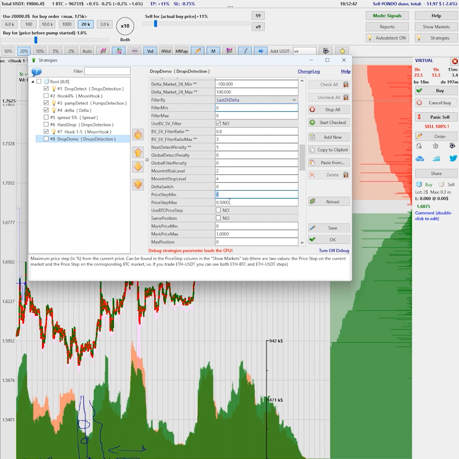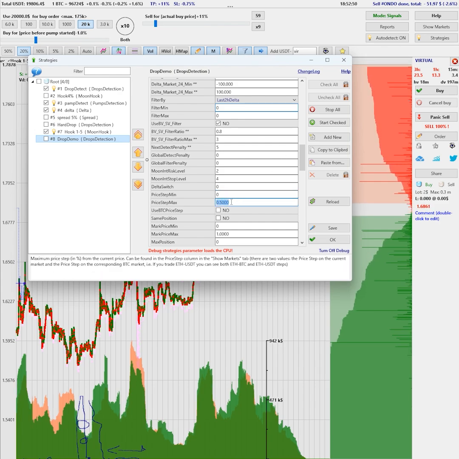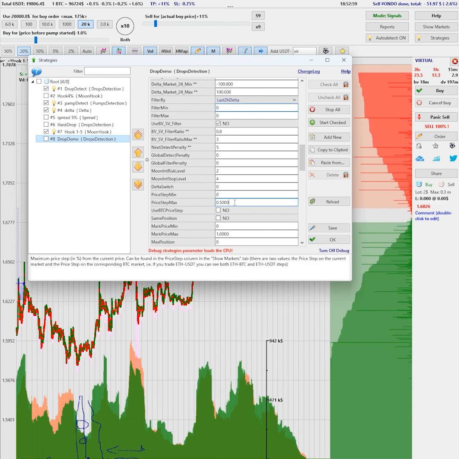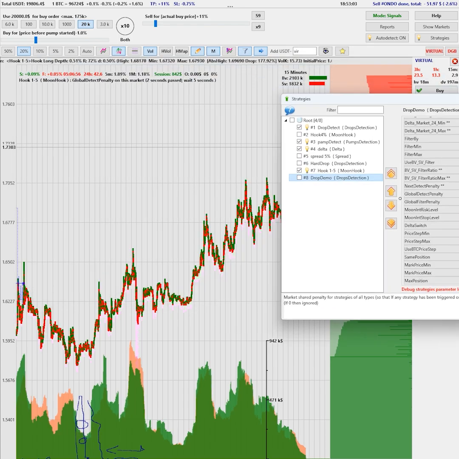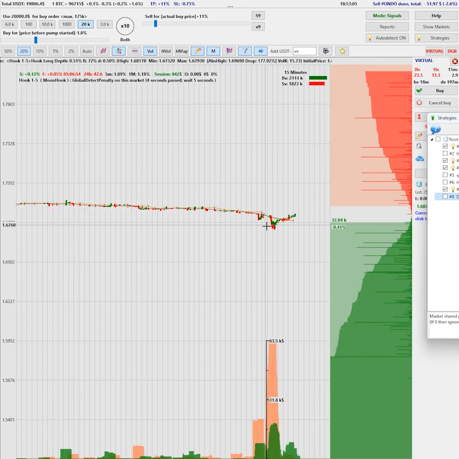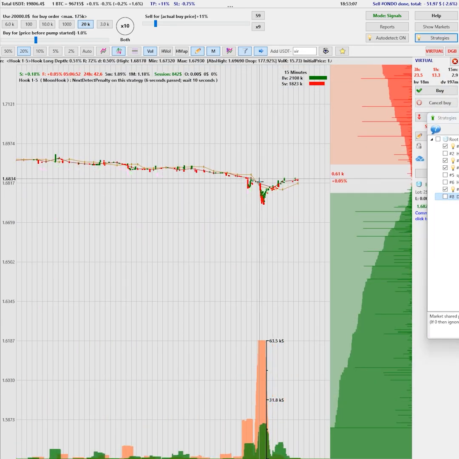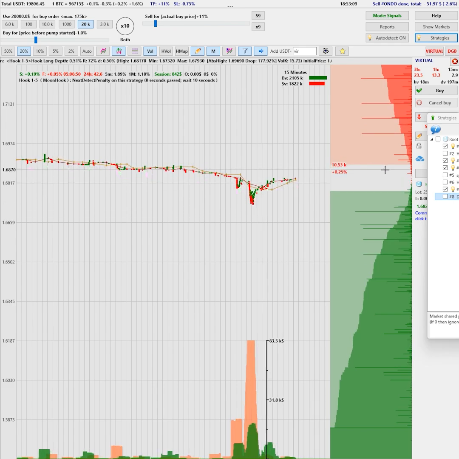Price step. Every coin has a different price step on the exchange. I recommend just leaving it as is. These don't do much, but you can look in the exchange documentation at what the price step actually is. It's essentially how close to each other the orders can be placed.